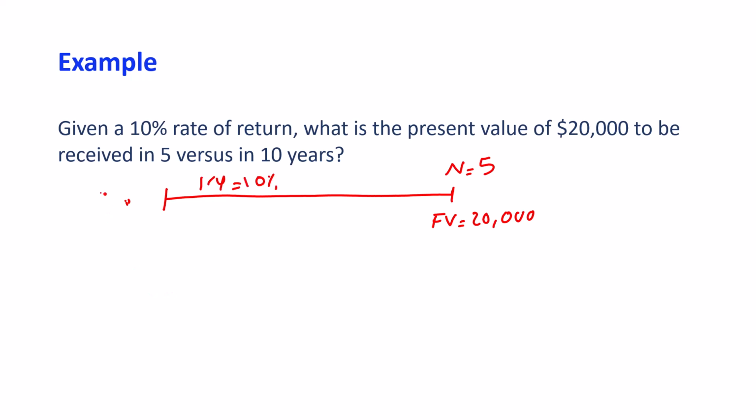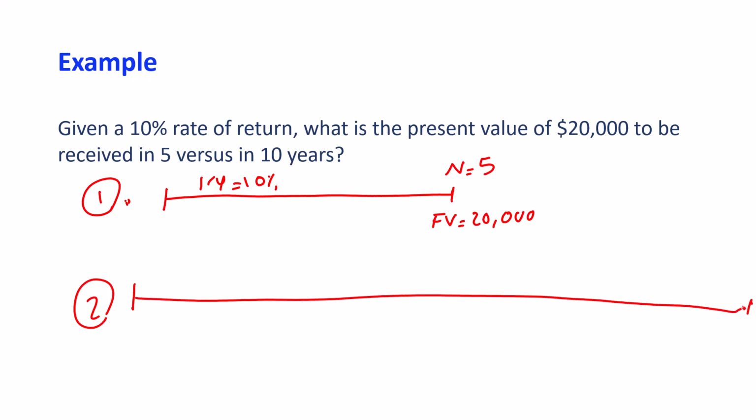In the second case, you have a longer time period, so N would be 10. Future value is still 20K, and I/Y is the same as before, 10%. We want to find the present value in both cases.